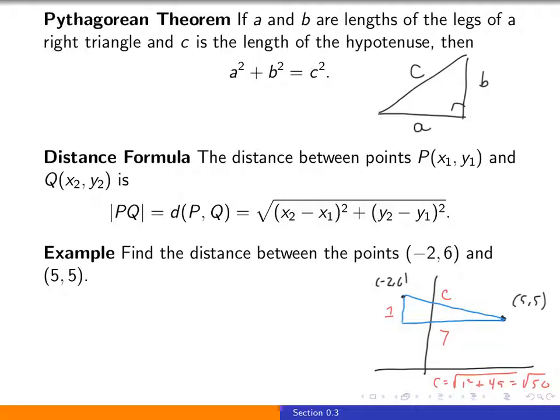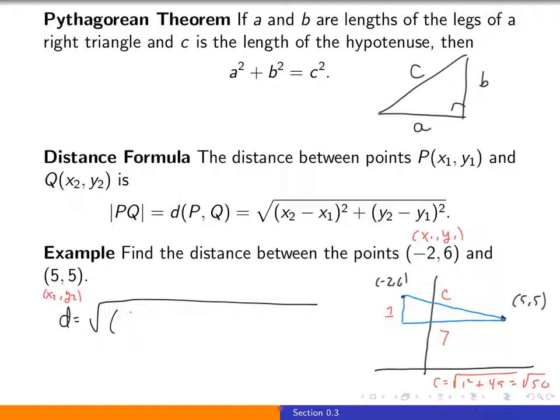So let's apply the formula directly. So the distance is going to be the square root, and we take the difference in their x values. So x2, y2 would be the second point, x1, y1, the first point. So we have x2 minus x1 squared.